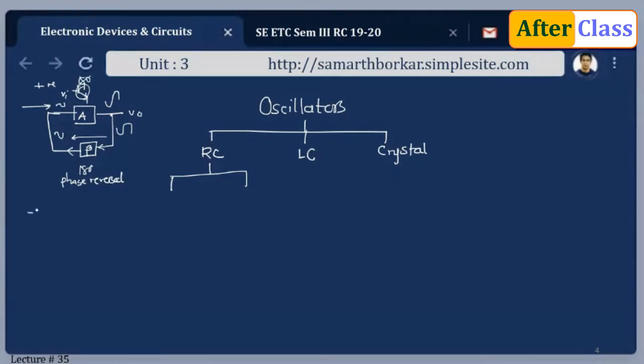So total phase shift around the loop has to be 360 degrees or 0 degrees. This is the first point. And secondly, I had considered right in the beginning this is fictitious, for you all to understand. But then this feedback signal acts as the input to the front end amplifier.